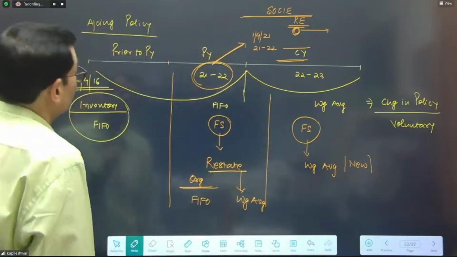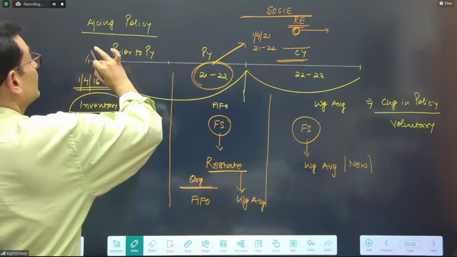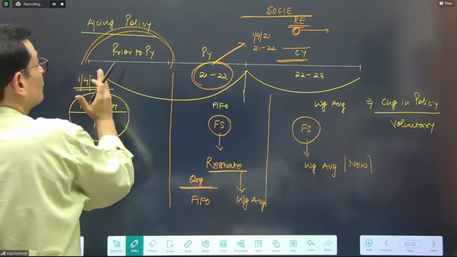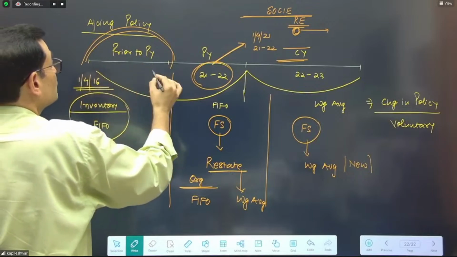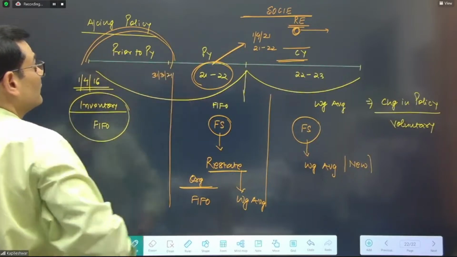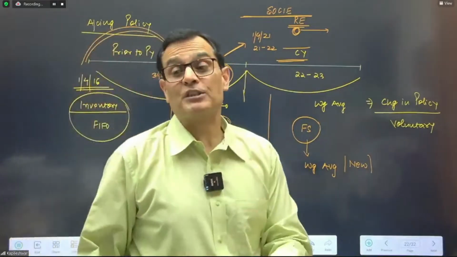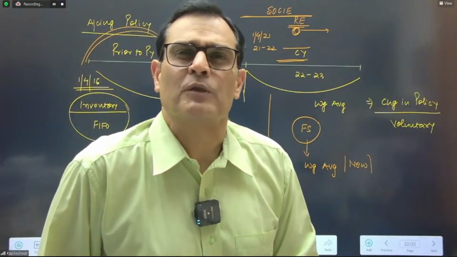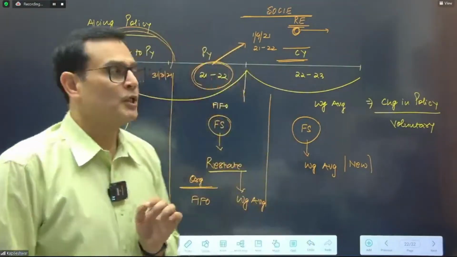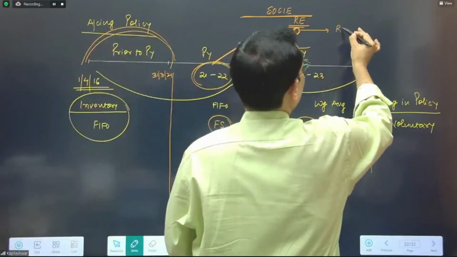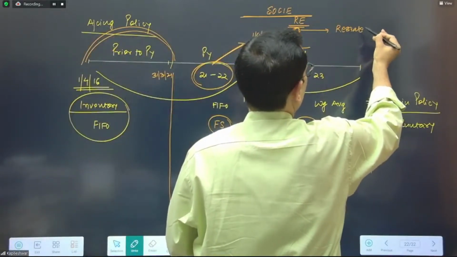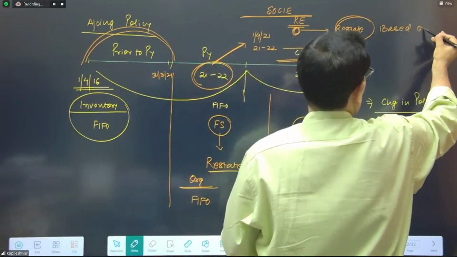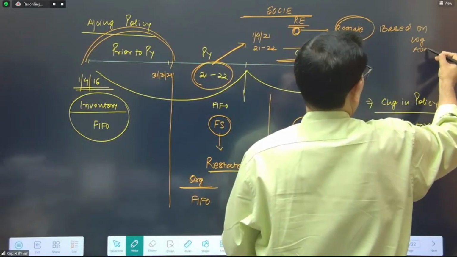So you mean to say that now you will calculate as if the company would have applied a weighted average from 1st April 16 to March 21, and I need to know the opening balance based on that. Yes. So I will tell the company to restate this balance based on weighted average.